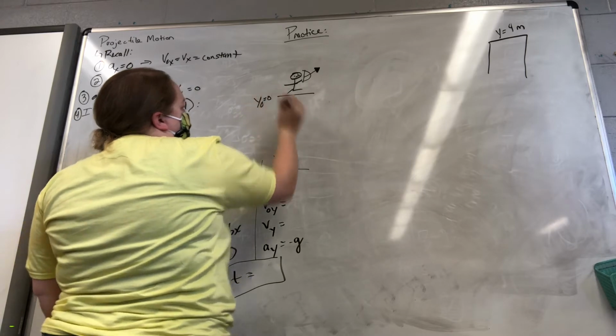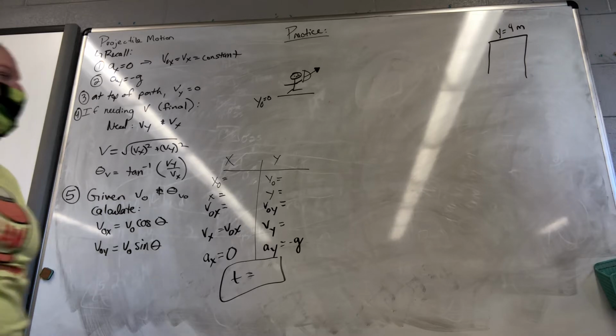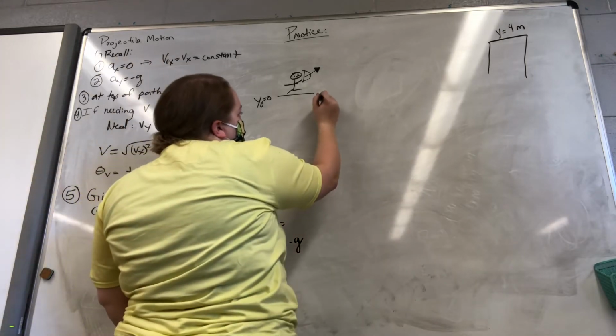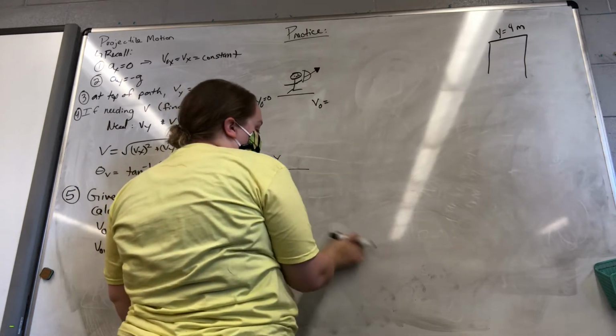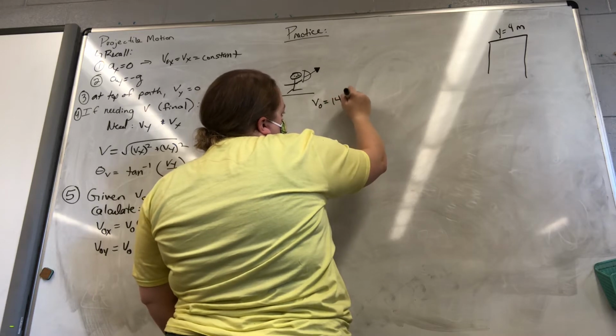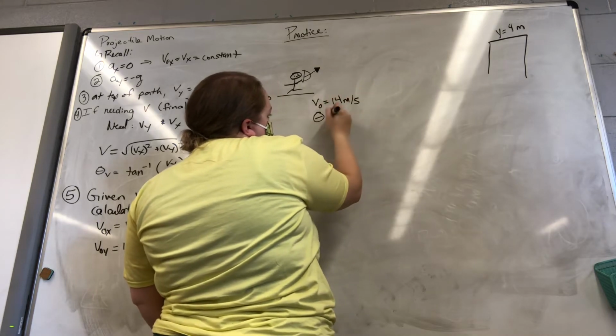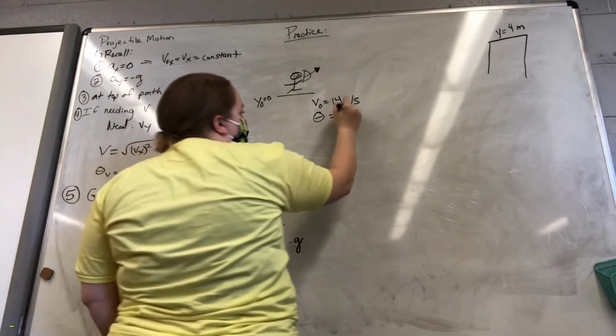Okay, so he's on the ground. The height of the cliff is 4 meters. He's going to shoot his arrow at an initial speed of 14 meters per second with an angle of 60 degrees.